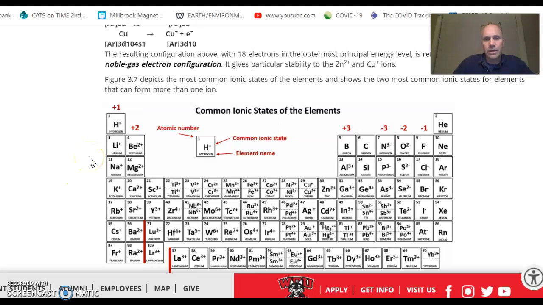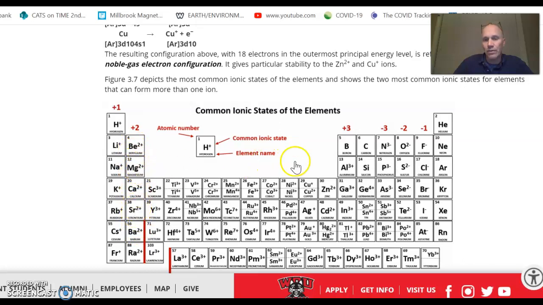When trying to predict the formulas of compounds that had alkali metals, it was very straightforward because the charge on the cations that those metals make is always the same. It's always +1. Same thing for the next group. All of the charges for the alkaline earth metals are +2.